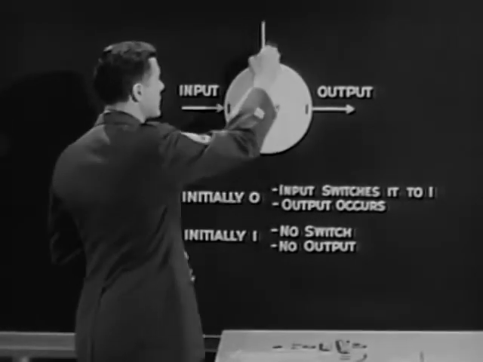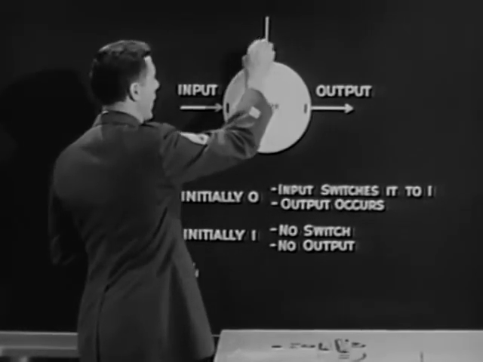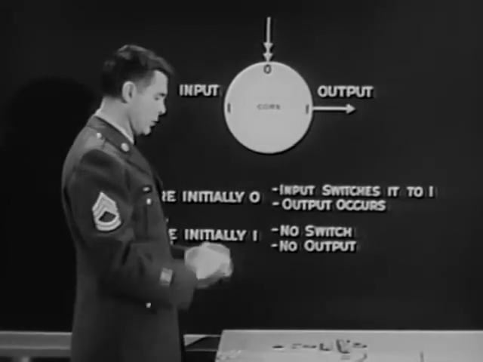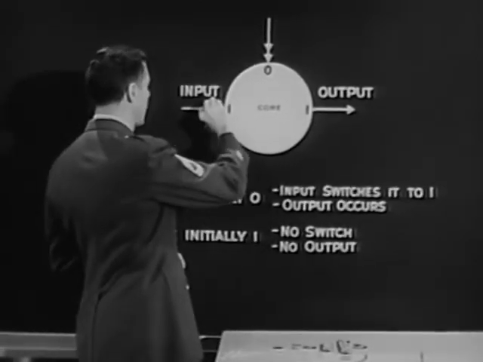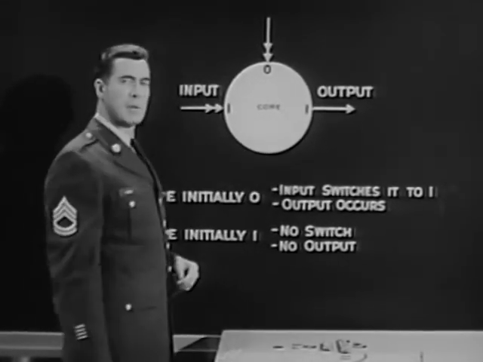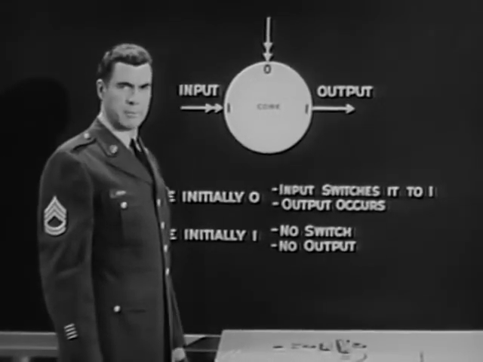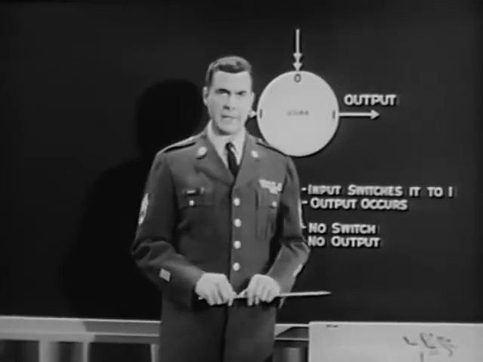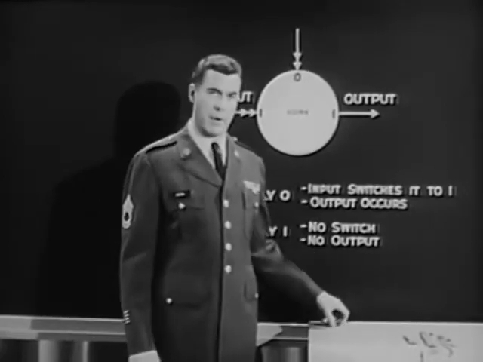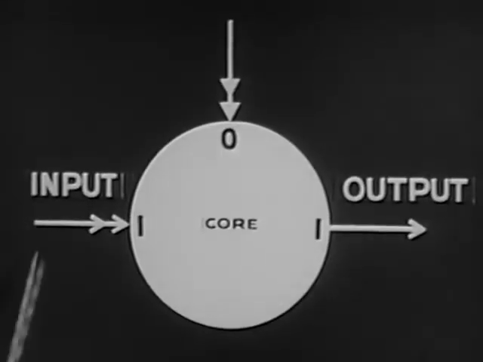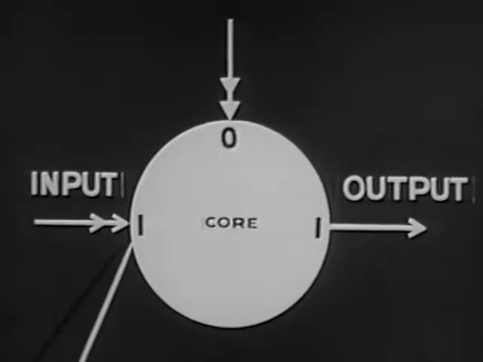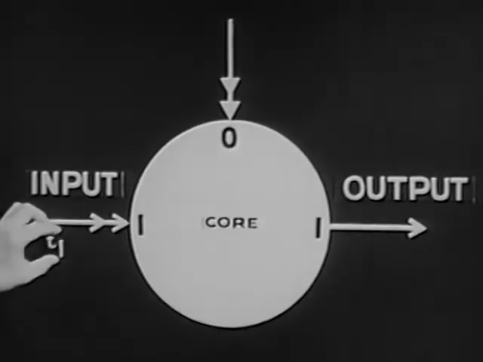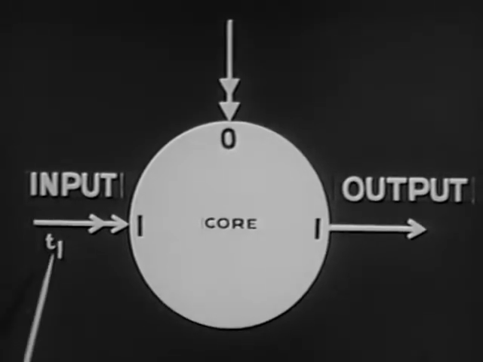Double arrowheads mean an override input, an input that will hold the core to the indicated state, despite the simultaneous presence of other inputs. The letter T is used to designate time. This override pulse will hold the core to 1 at a moment in time identified as T1.